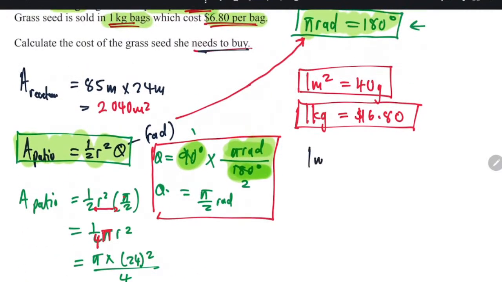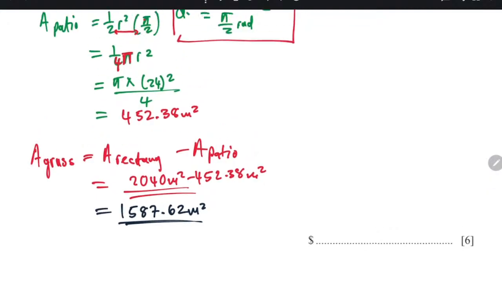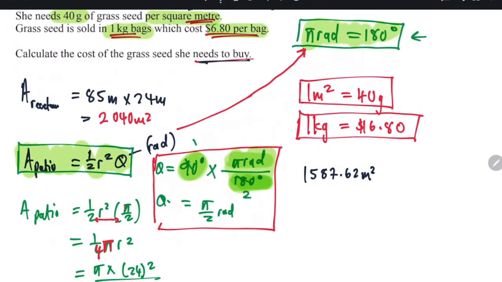Now you are going to write, we need to convert it to cost. So you say 1 square meter is equal to 40 grams. We now want to convert this to grams. We write it first: 1587.62 square meters. Then we bring the relationship. But the relationship we bring should now be a what? Joseph, when we are converting, the relationship should be converted to a fraction.